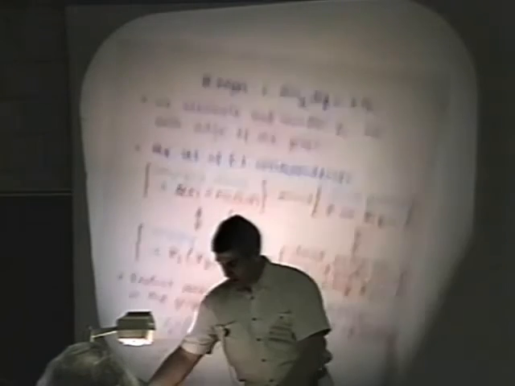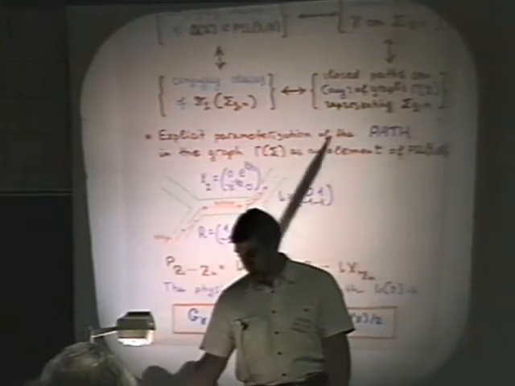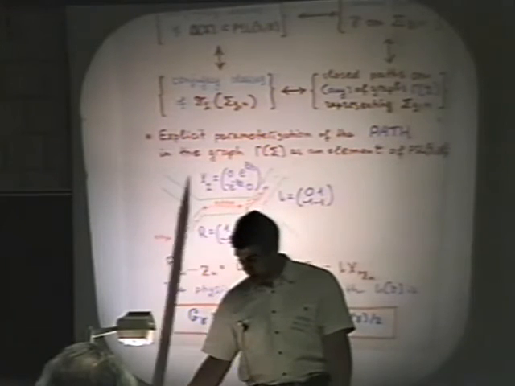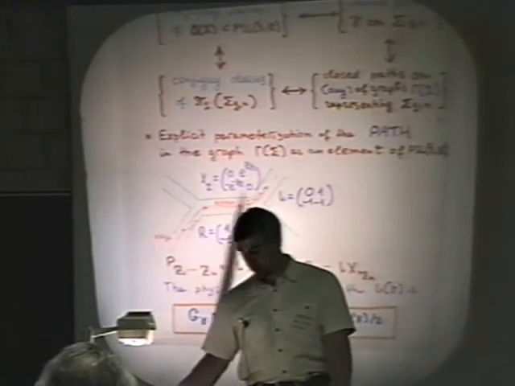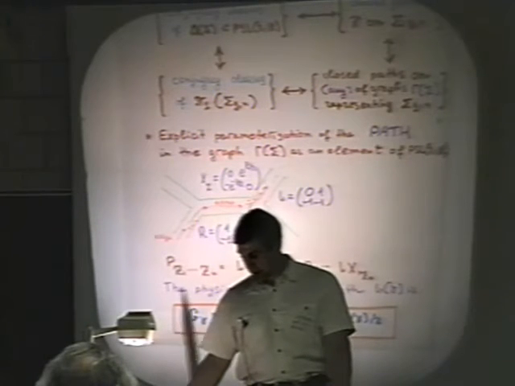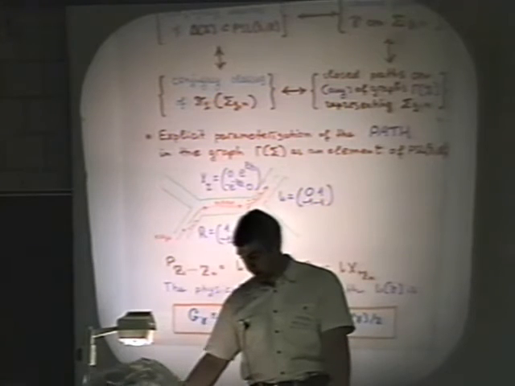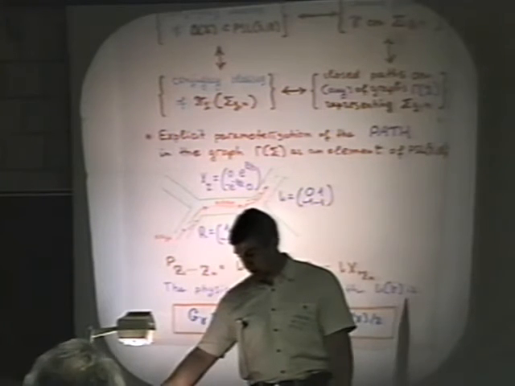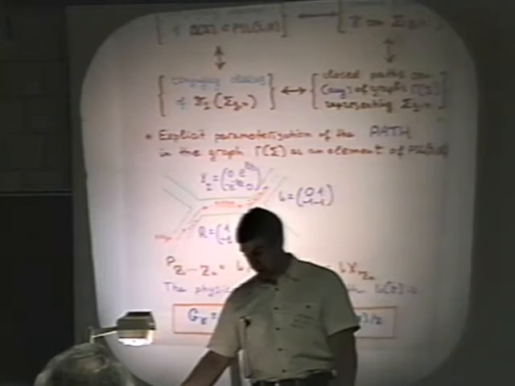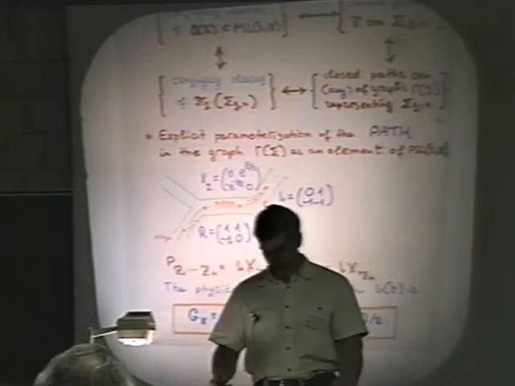Okay, but coming a little bit back, we see that now we have an explicit parameterization of the path in the graph using these three matrices. And if we consider the proper product of this over this path, then we may find out the length of the physical geodesic.